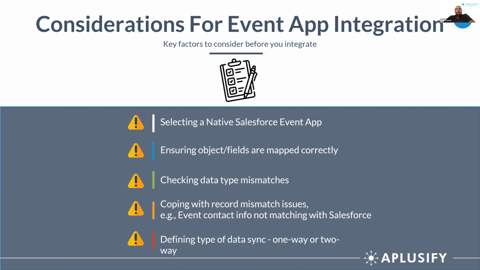As an example, if it's a one-way sync where you are moving the data from the AMS to the event app, and you have not run a health check on your AMS system, and there are a lot of duplicate records and record mismatches, then when you are syncing the data from the AMS to the event app, all that wrong data will just get transported to the event app as well. And then what you are dealing with is two systems with mismatched records. So you had one system before, now you have two systems with absolutely bad data. So it's very important to check these kinds of things before.